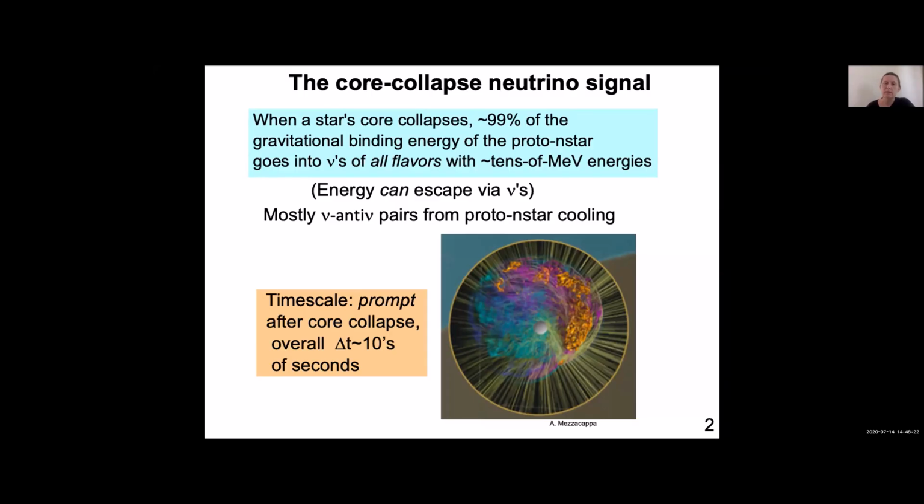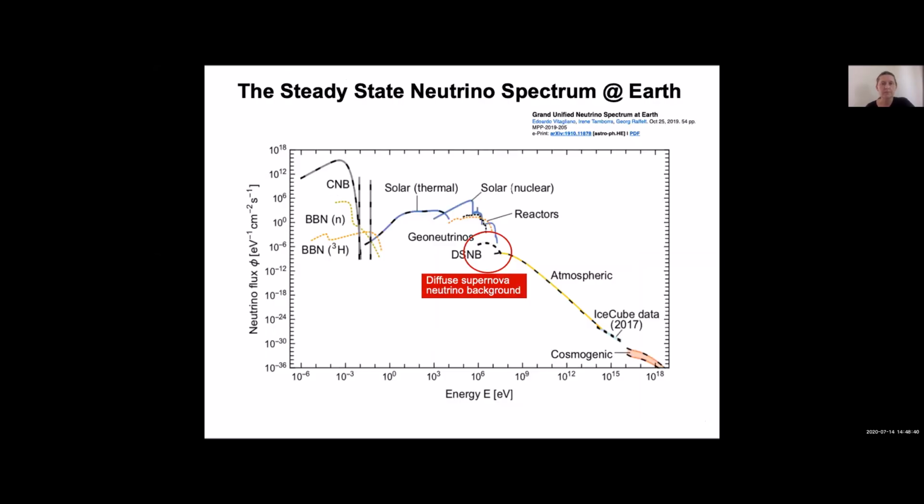That's basically because neutrinos interact so weakly that they can make off with all the energy. It's neutrinos of all flavors and antineutrinos, mostly nu-nu-bar pairs. And the timescale is determined by the diffusion timescale of the neutrinos out of the core, and it's tens of seconds.